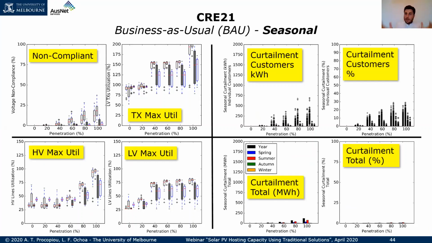However, in total, the whole system was facing curtailment of around 2%. And given this small value of curtailment, these customers that were curtailed at higher levels compared to others could be compensated, let's say, by DNSPs, given the significant benefits that are provided using these control schemes.